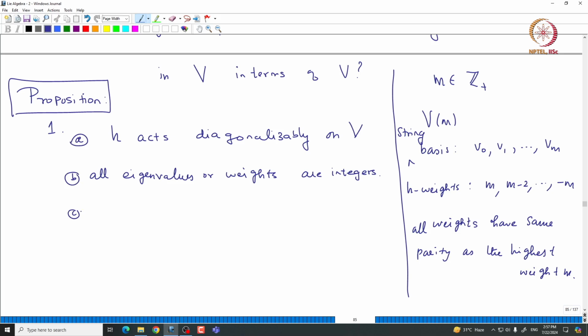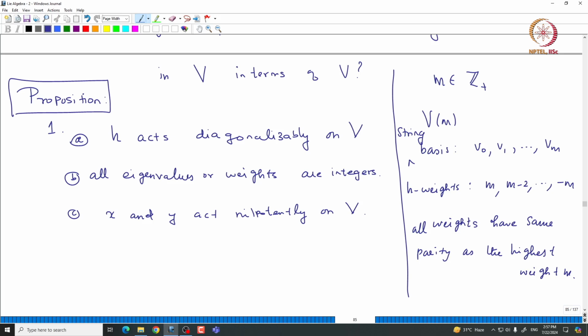And if we take the other operators x and y, they act nilpotently on capital V. Now, you can explicitly compute what the nilpotency is on the irreducible module.